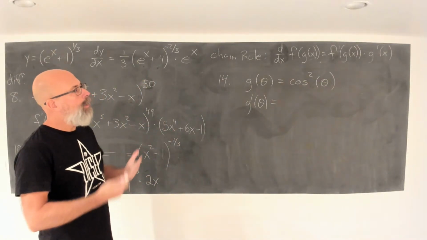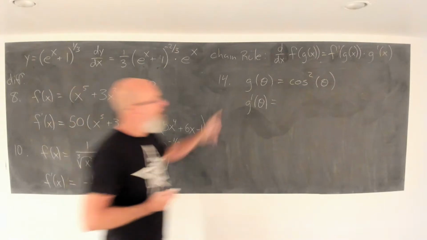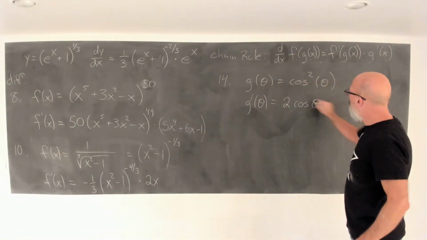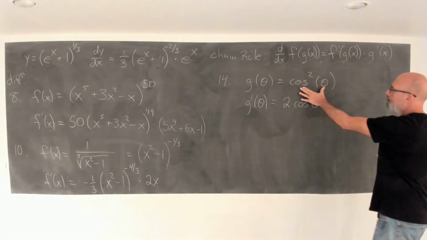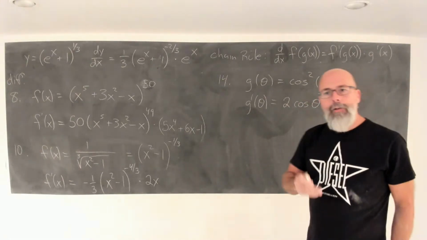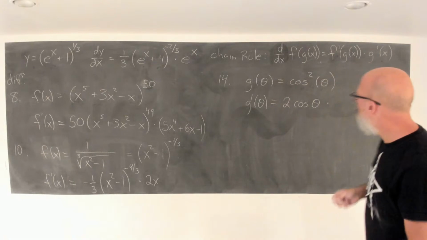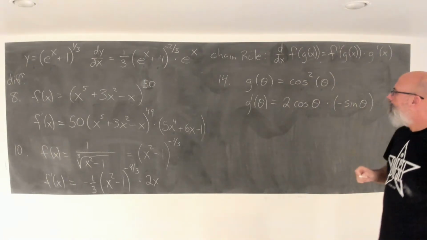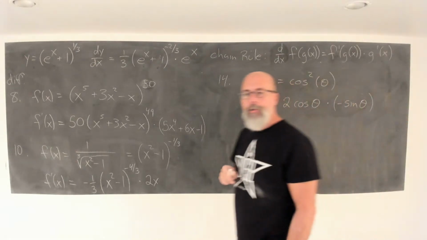It's cosine squared. So we differentiate the square to get 2 cos, and then we differentiate the inside. Inside is cosine. Derivative of cosine is negative sine. There it is.